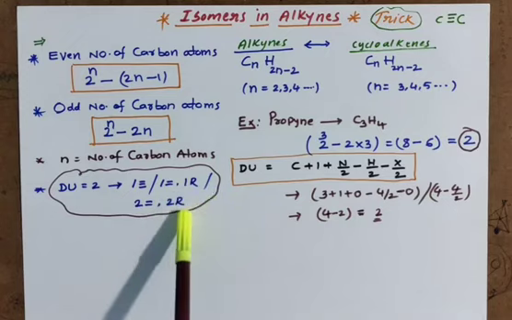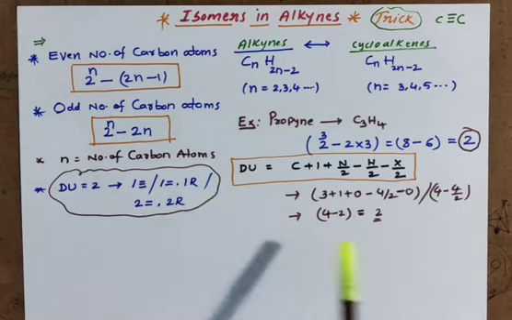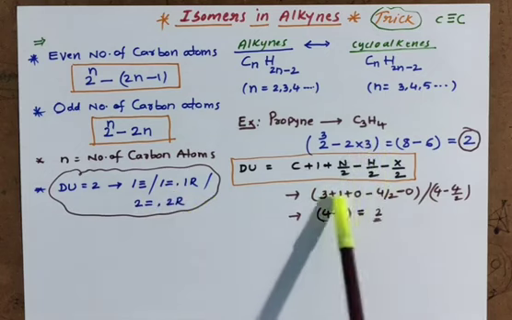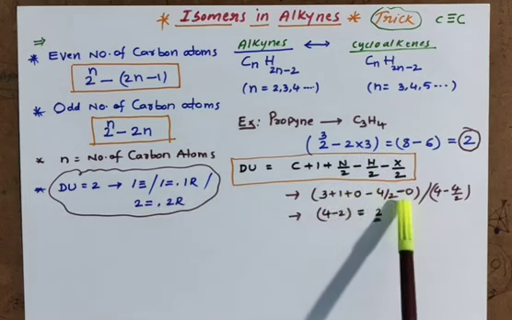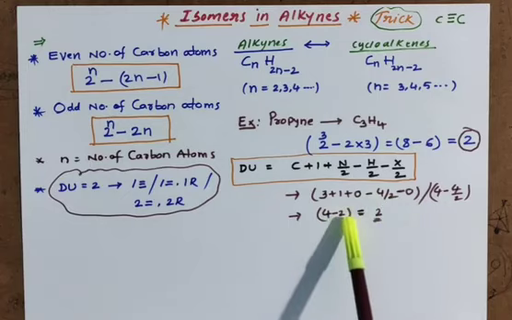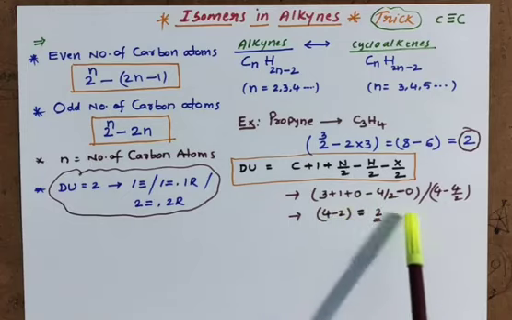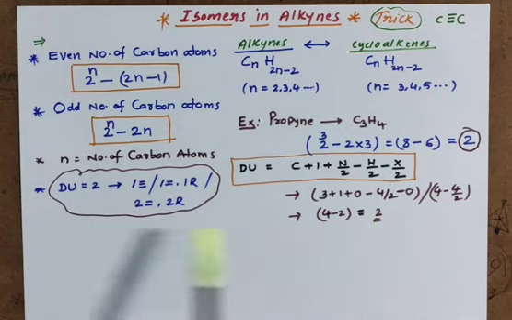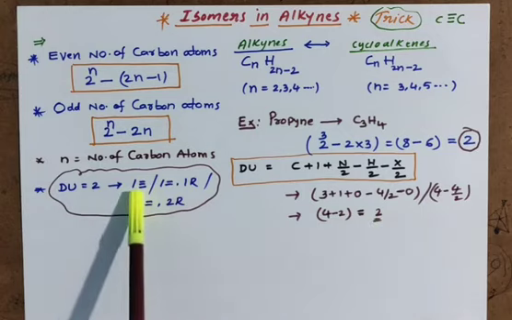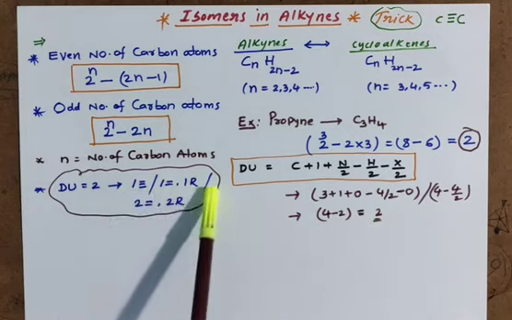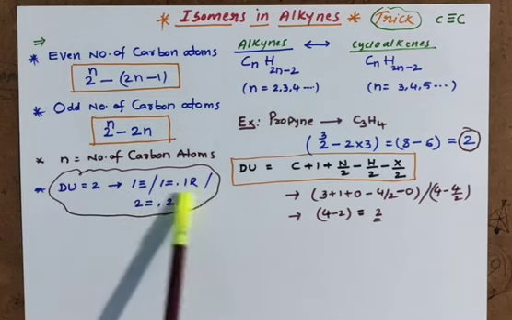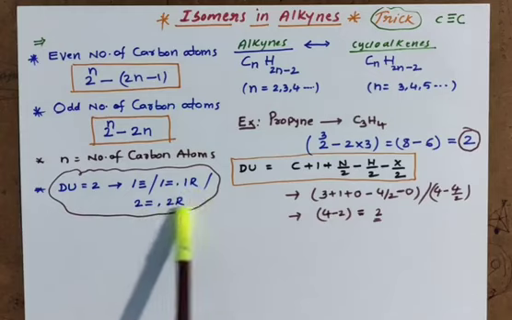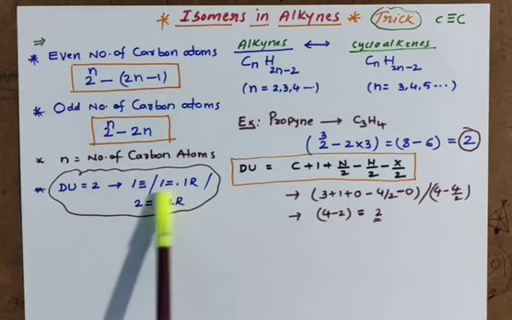Two double bonds and two rings are also possible. Two rings means bicyclic.